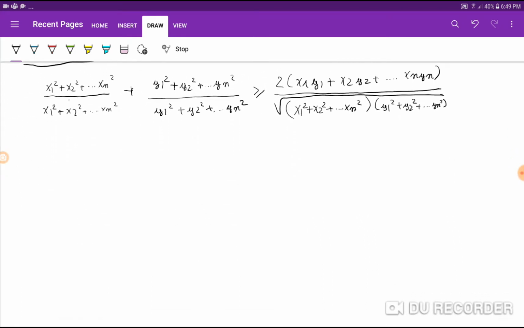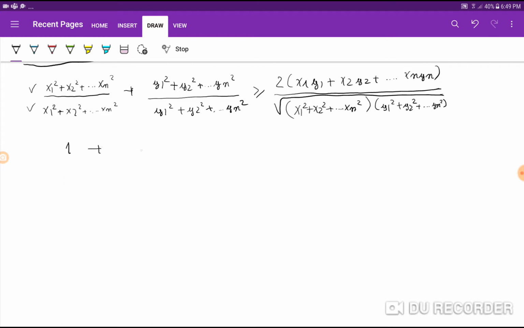So this one is what? You see how similar it is? Numerator and denominator are literally the same, right? So if a number is divided by the same number, you get 1, right?